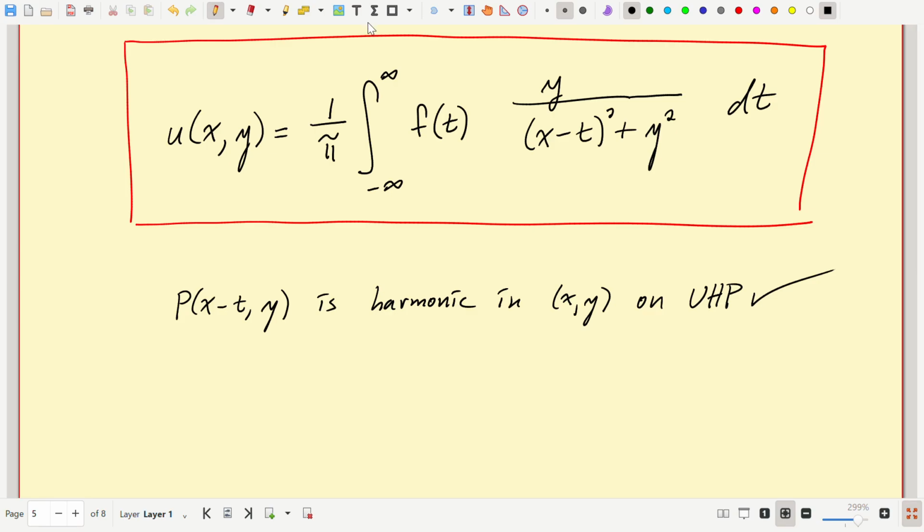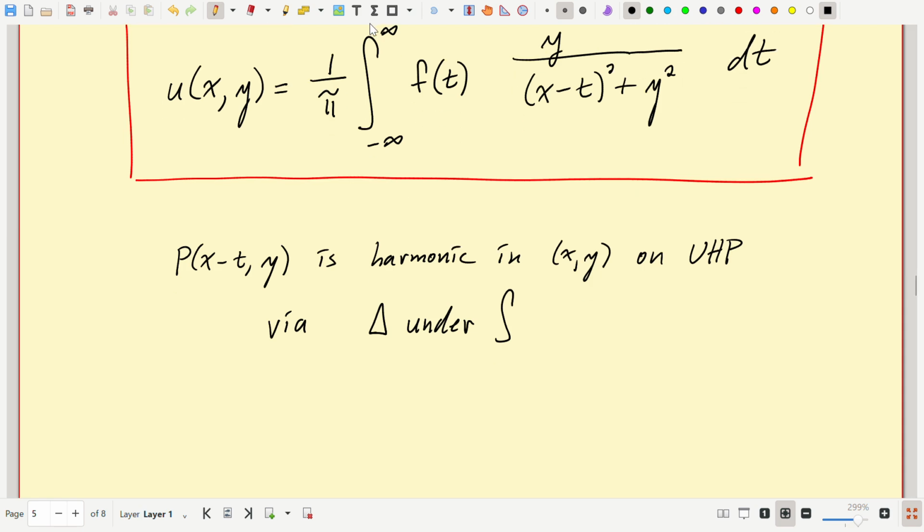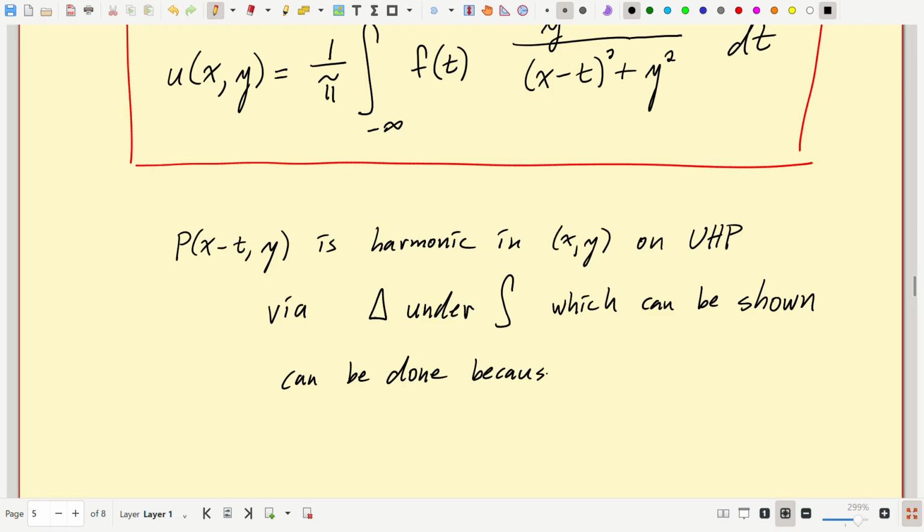And in fact, it goes to 0 at infinity fast enough that you can differentiate under the integral sign, which is justified because the kernel goes to 0 at infinity so fast, as t goes to infinity.